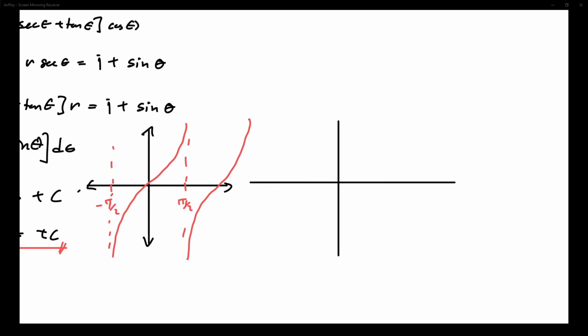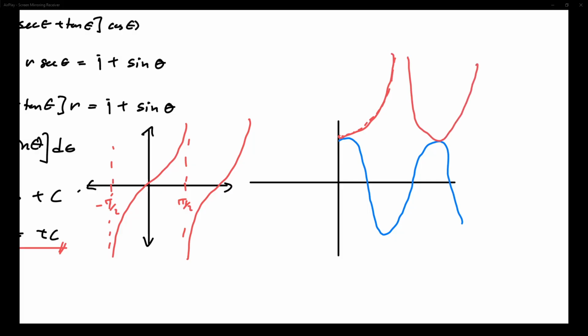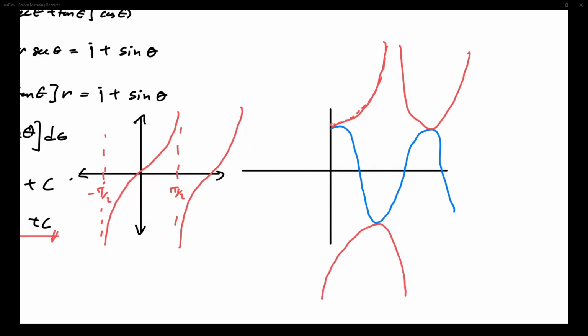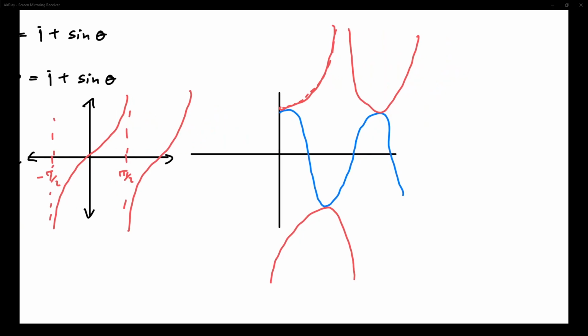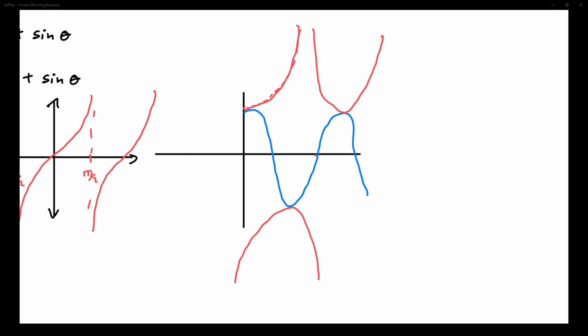If you draw a cosine, secant is going to look like this, with asymptotes where the cosine function is at the middle of its amplitude.